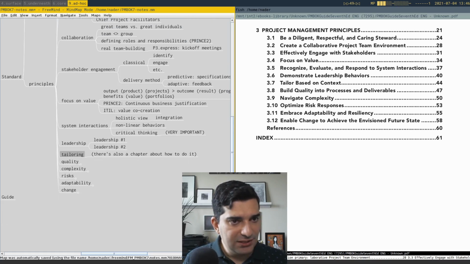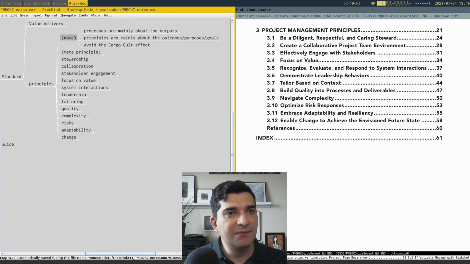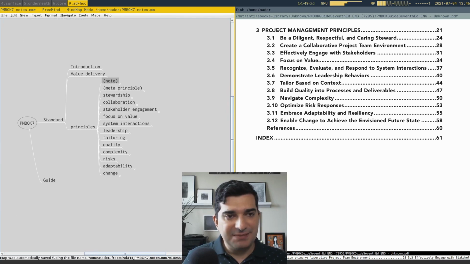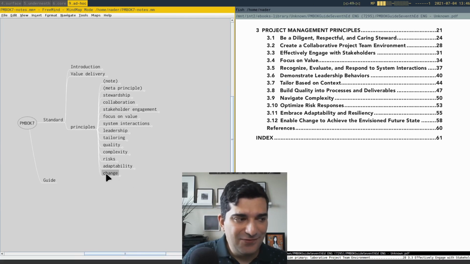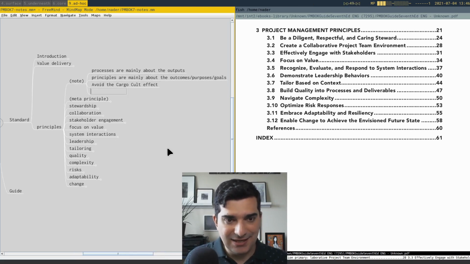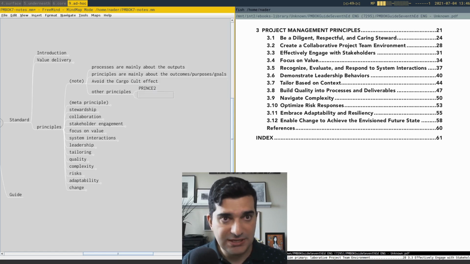Let me collapse all of these. So, these were the principles in the new version of the PMBOK guide. And if you're interested, you can also take a look at other principles. For example, Prince2 has principles, DSDM has principles.